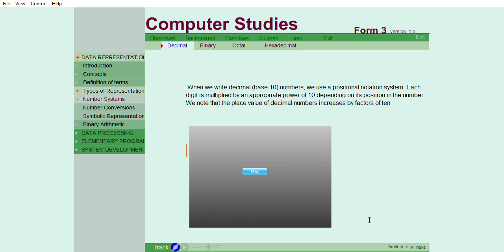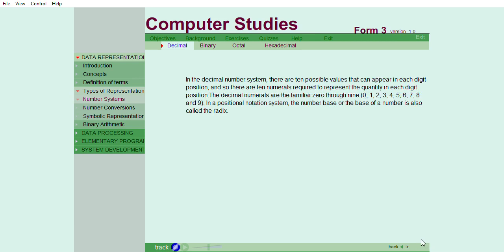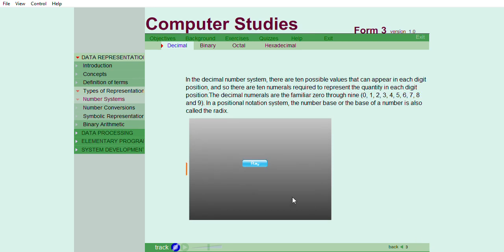When you write decimal base 10 numbers, we use a positional notation system. Each digit is multiplied by an appropriate power of 10 depending on its position in the number. We note in the decimal number system, there are 10 possible values that can appear in each digit position, and so there are 10 numerals required to represent the quantity in each digit position.